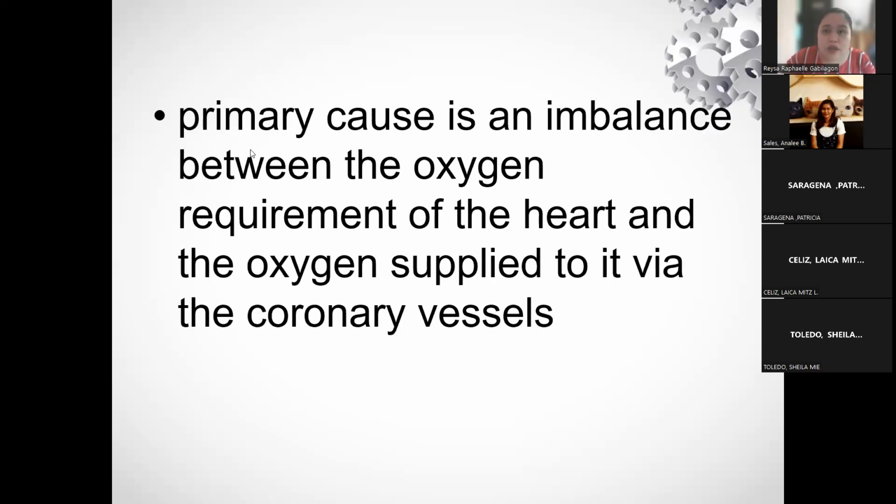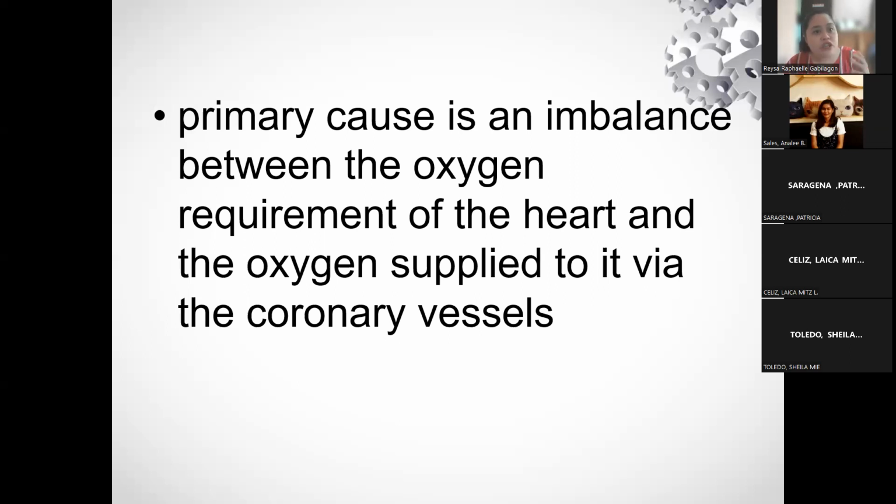So what's the cause of the chest pain experienced by people with angina pectoris? There will be an imbalance between the oxygen requirement of the heart and the supply. So this is just like studying economics. Right? In economics, we have demand and supply. So our heart has a demand for a certain amount of oxygen for it to function well.